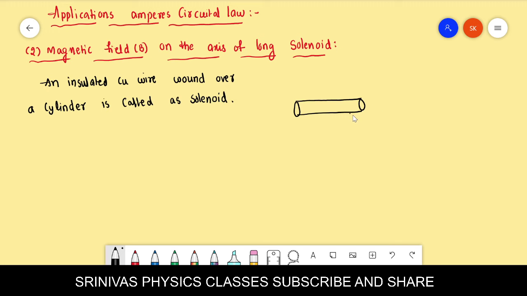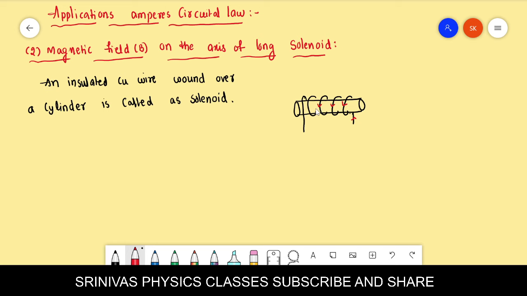Let us take this cylinder, right? We are taking one insulated wire and winding it over a cylinder like this. You see here, the current is entering like this and flowing like this.